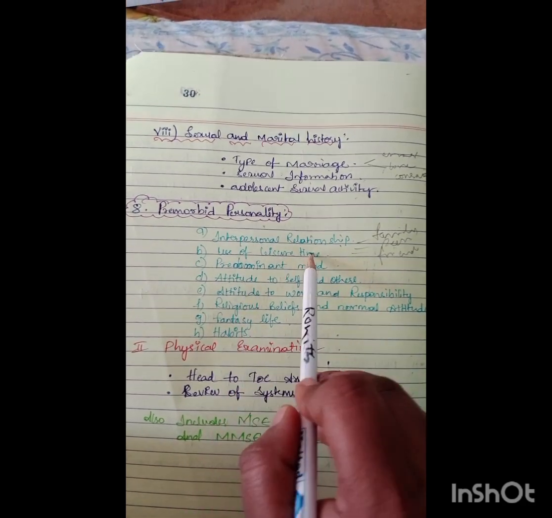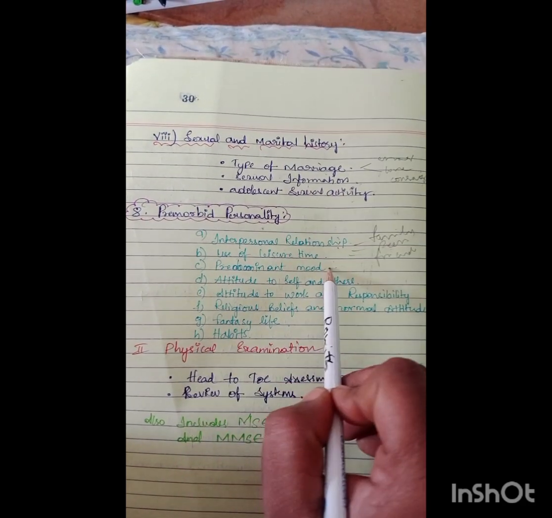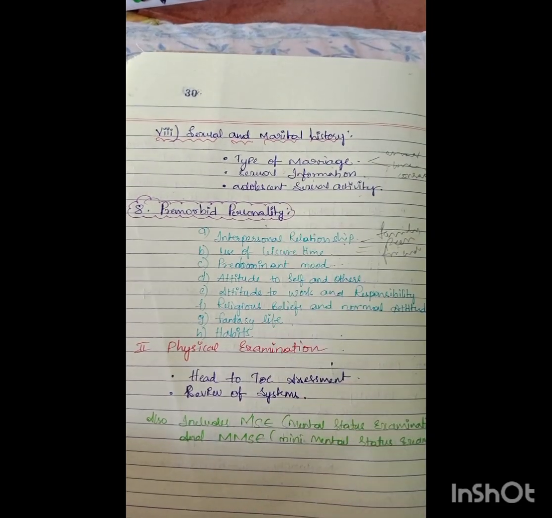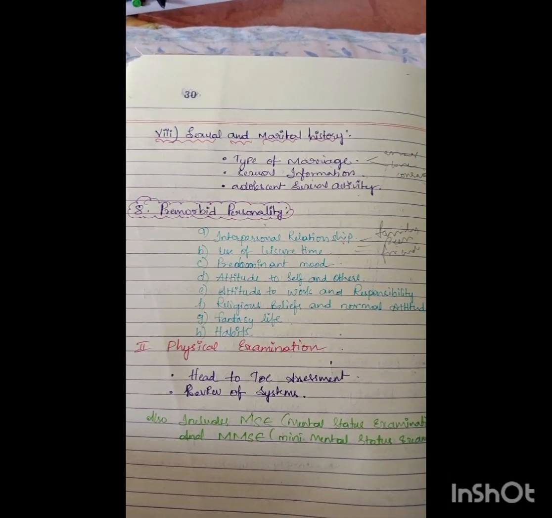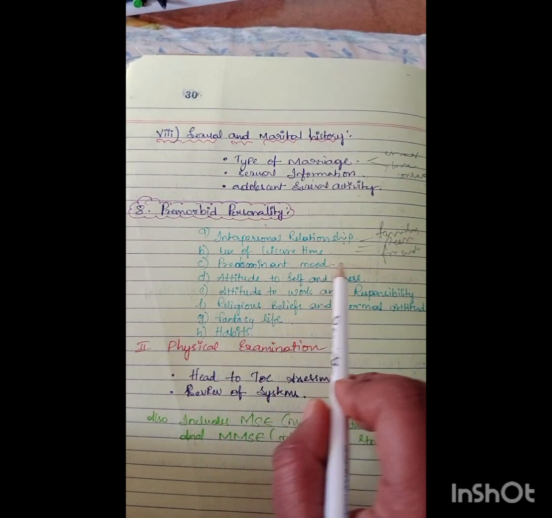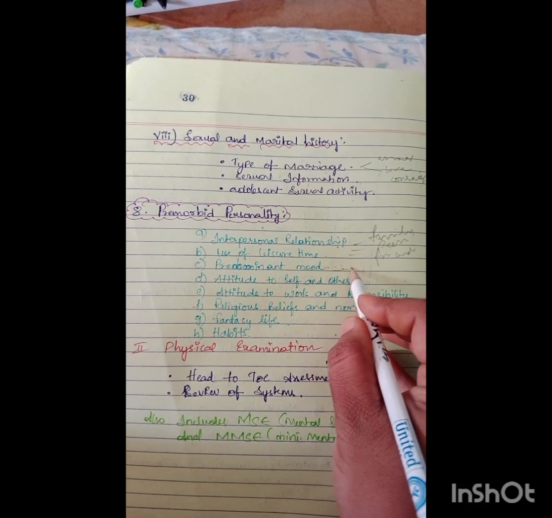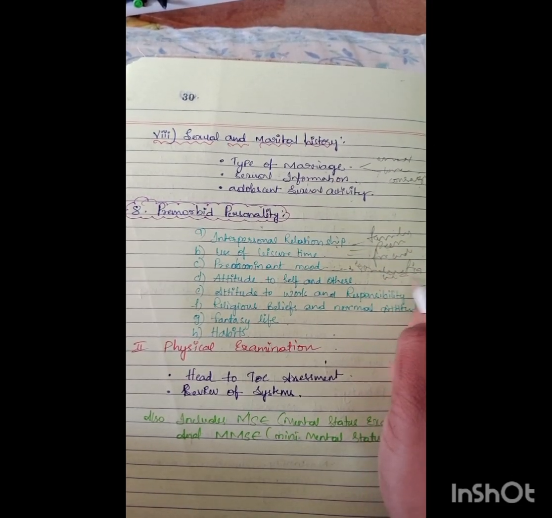Okay, so that we need to mention. And predominant mood, how the mood of the patient is, whether any mood swings or any mood changes are present. Okay, so mood disorders, if the patient is having any mood disorders. Okay, any flight of ideas, all those things we need to mention in the predominant mood.